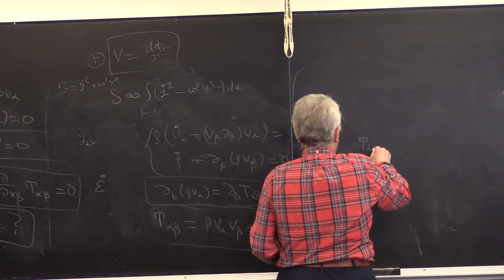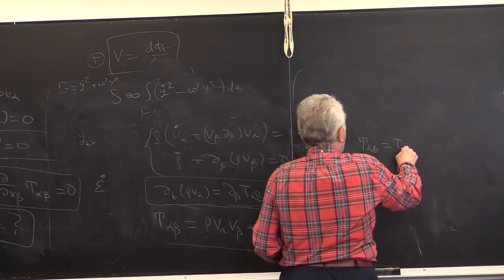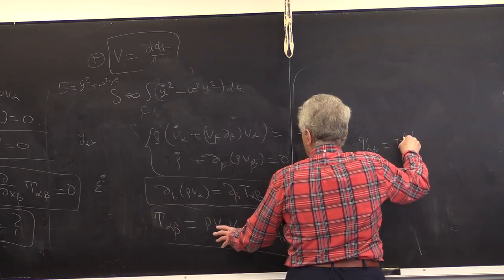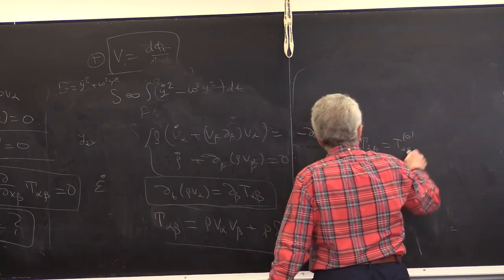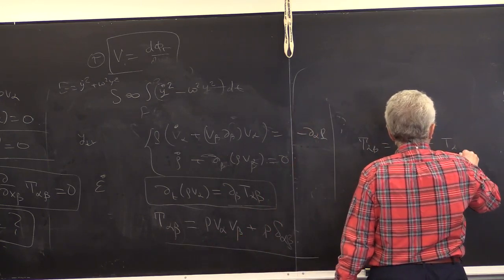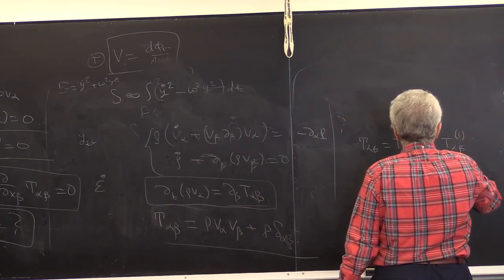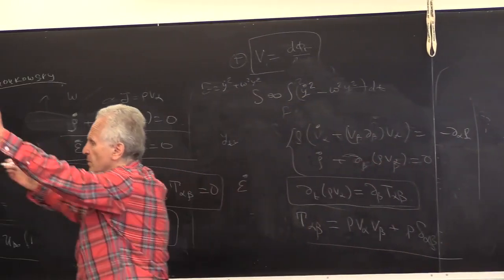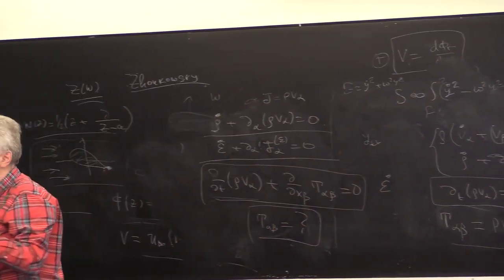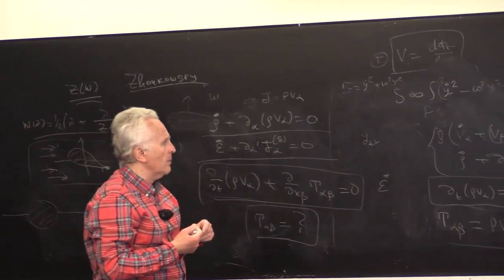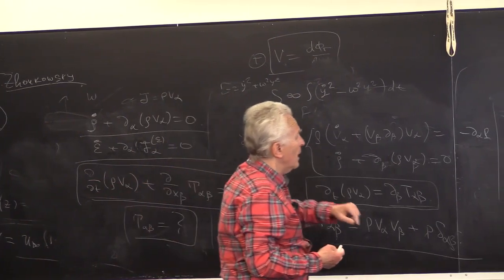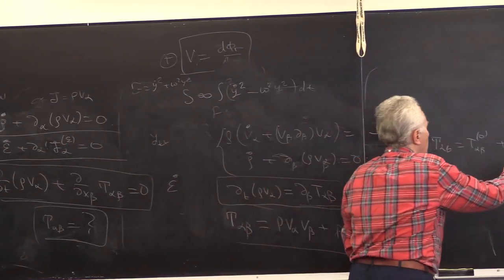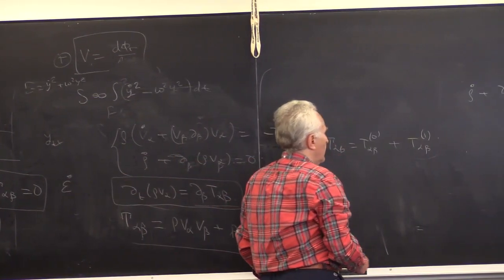So we have T alpha beta of zero approximation, which is this one, plus we have to find T alpha beta 1, which depends on the gradients. And since velocity is also assumed to be small in comparison with molecular velocity, we want it to be linear in velocities.